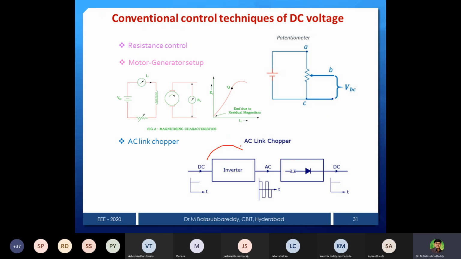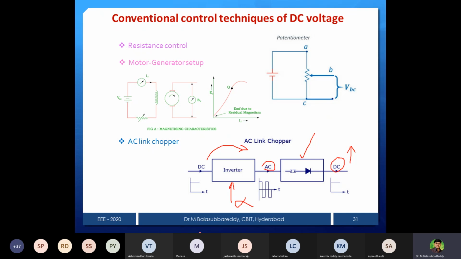So using the inverter, you can get a variable AC. There is an AC link, and using the diode rectifier, it will convert AC to DC. And how is this DC going to be variable? Because by controlling the firing angle of the inverter, this AC is going to vary.